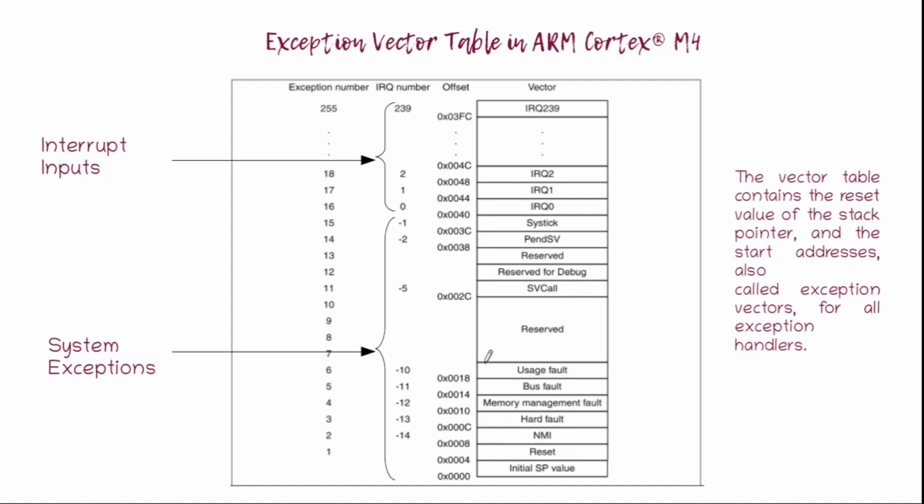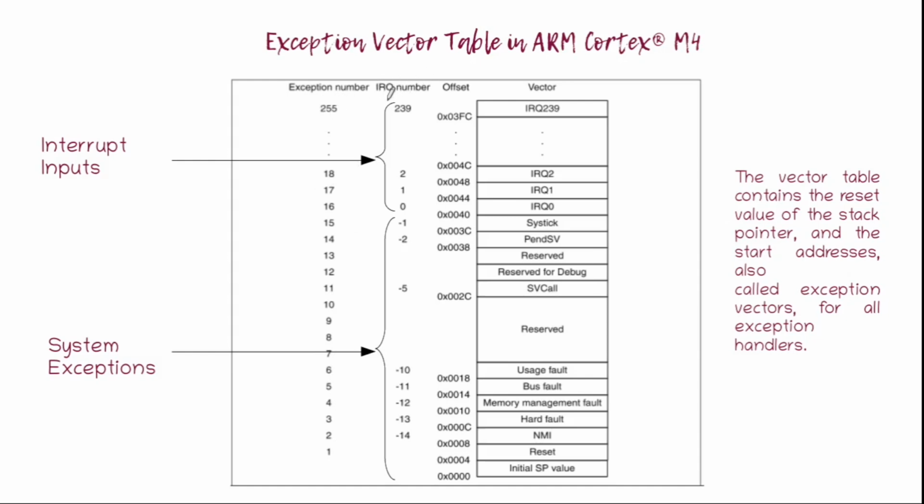As we see, we have something called the IRQ number, and something called the exception number. When you call it an exception number, the numbering starts from 1, 2, 3, and it goes up to 255.